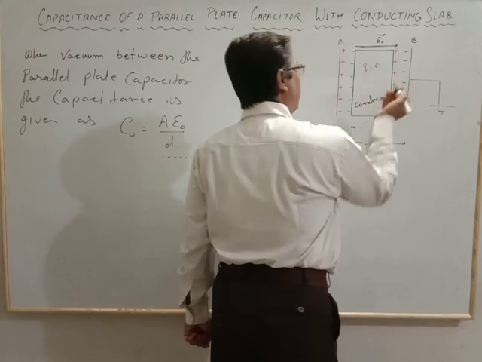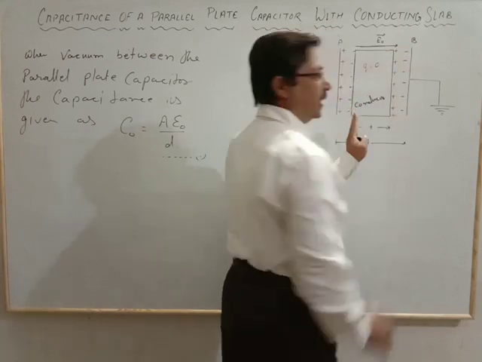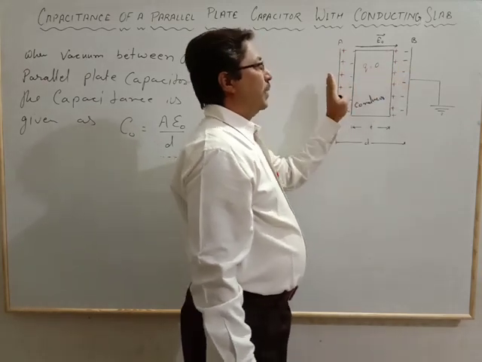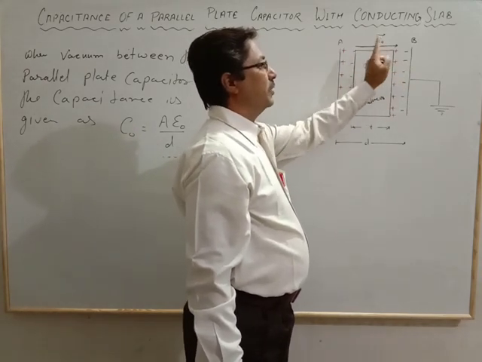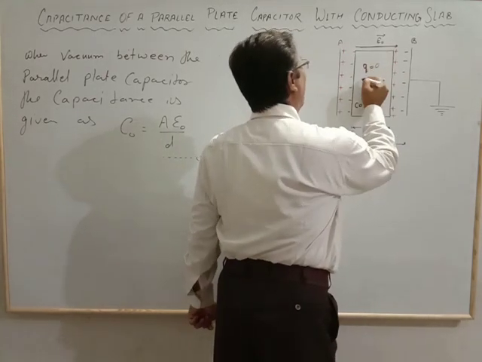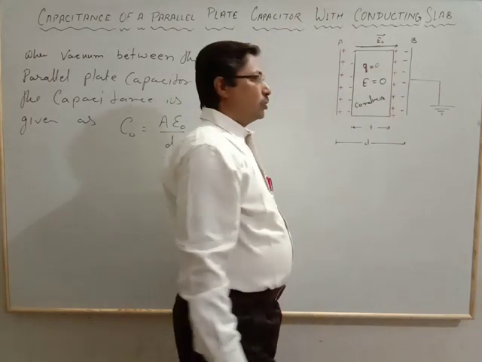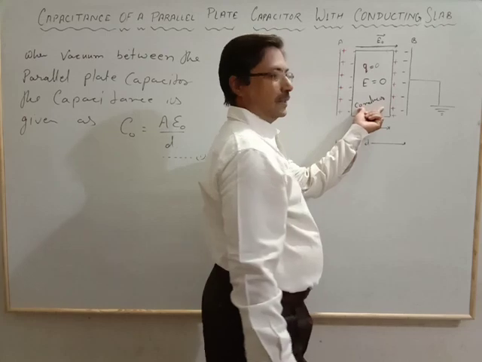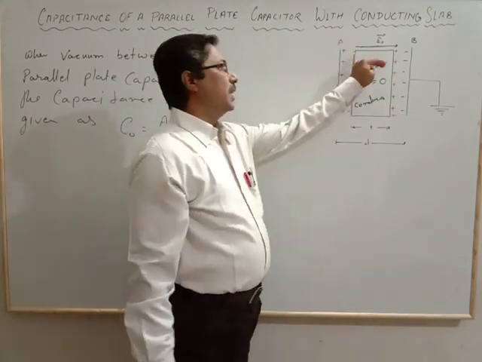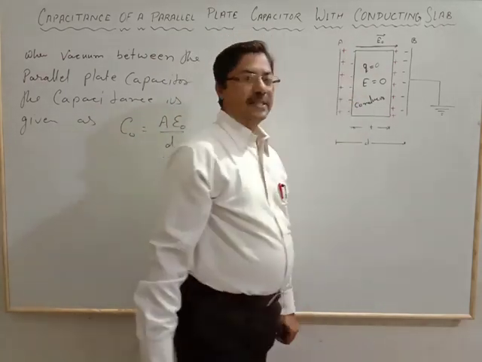We know the nature of the conductor: whenever the conductor is placed between the parallel plates where the electric field is E naught, the electric field inside the conductor becomes zero. So there is no electric field inside the conductor, and all the free charges move to the surface and make a surface charge density.